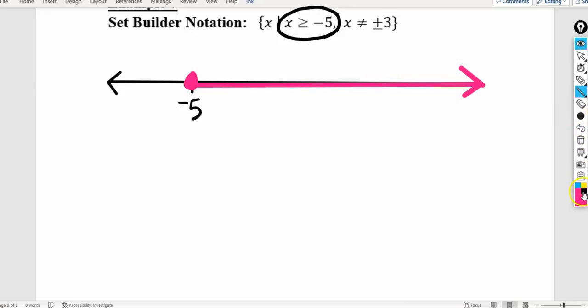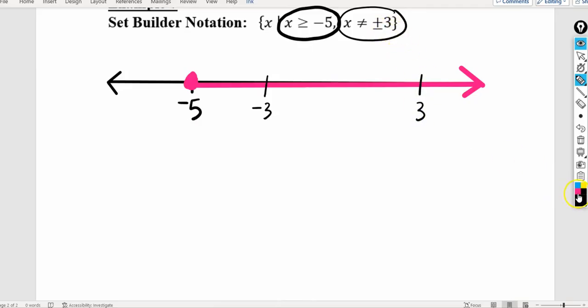Now, let's include the second part. X is also not allowed to be plus or minus 3. It's not allowed to be -3. Where is -3? It's somewhere to the right of -5. And it's also not allowed to be +3.